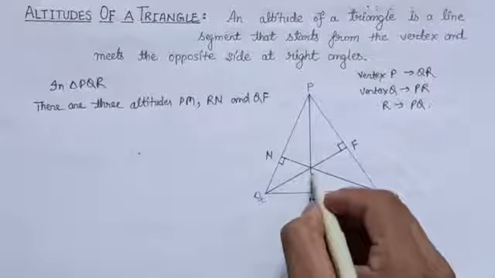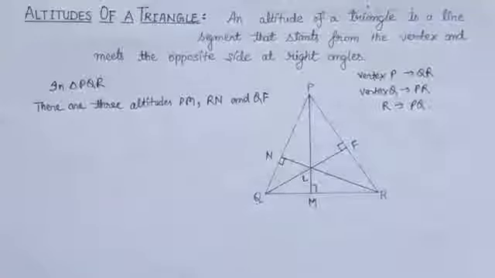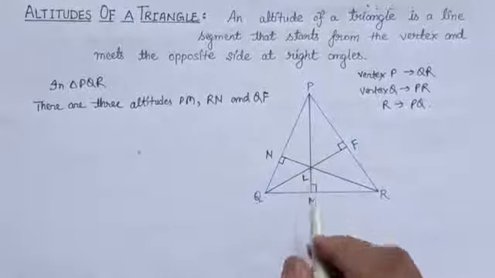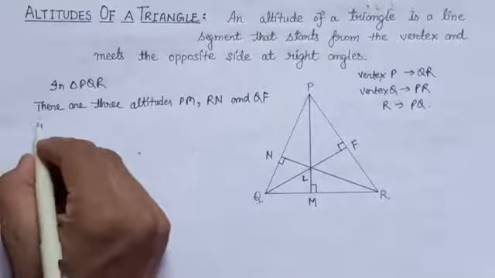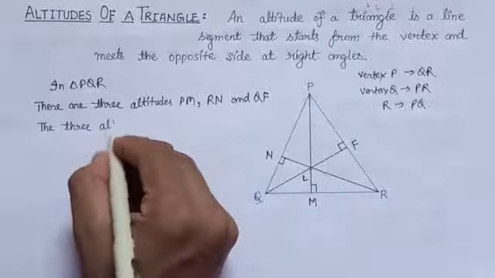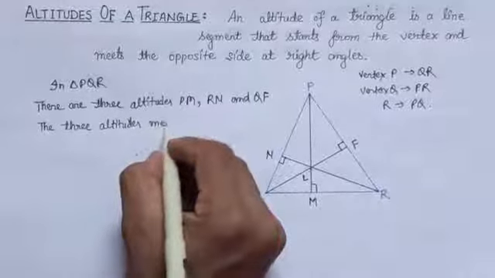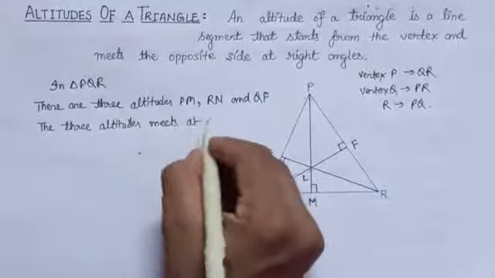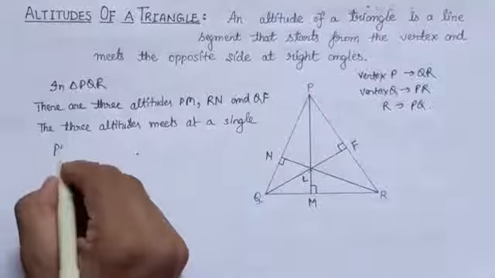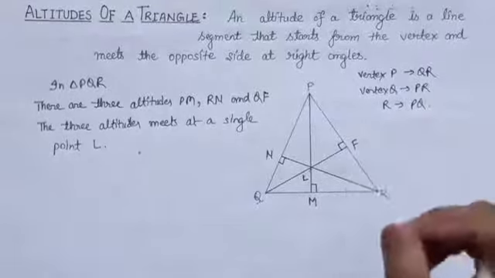Again, if we name this point as L, then you can see all the three altitudes meet at a single point L. The three altitudes meet at a single point L.